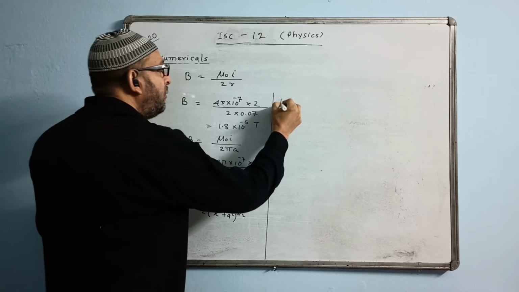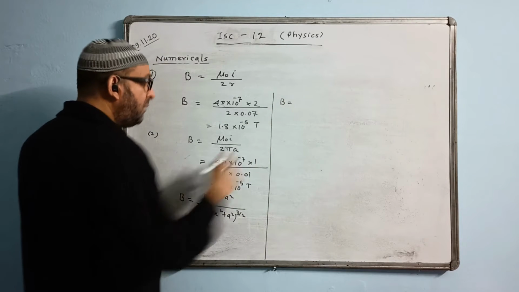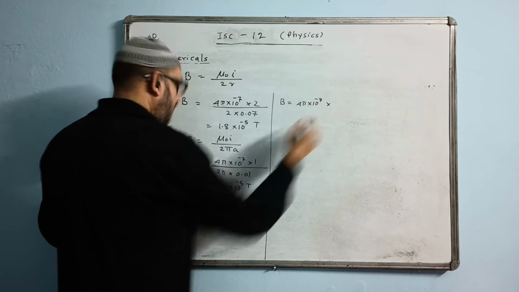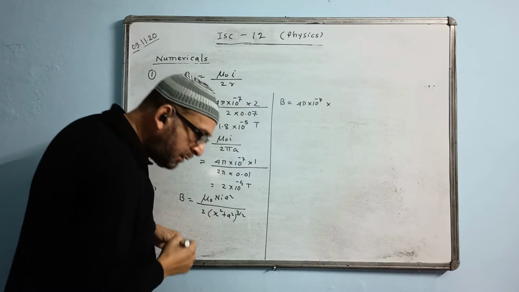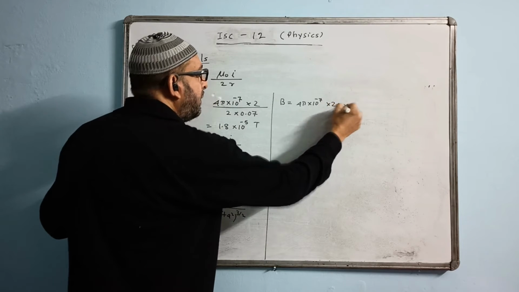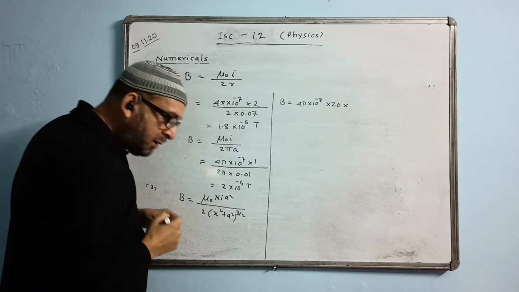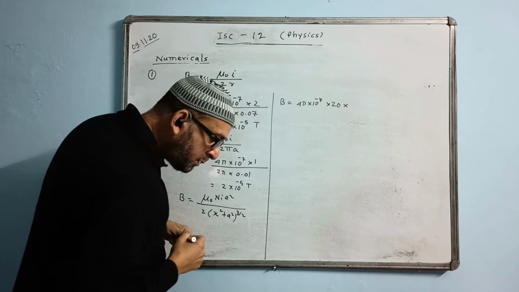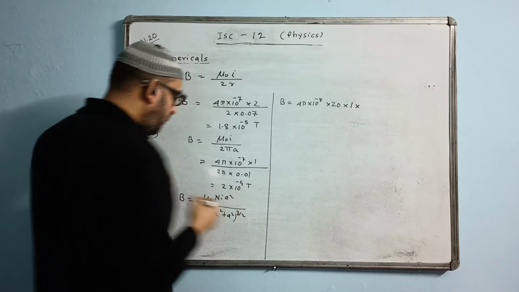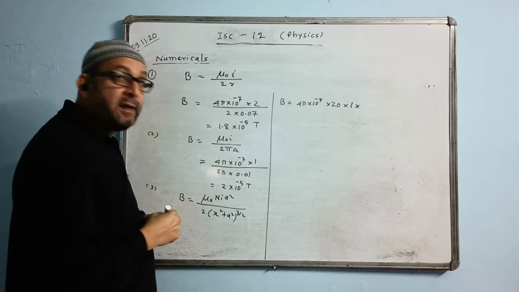Now we are putting the value. Mu naught value is 4 pi into 10 to the power minus 7, into number of turns. How many turns are given in the question? 20 turns. I put 20. I is current. Current flowing in the coil is 1 ampere, into A. A is the radius of the coil.